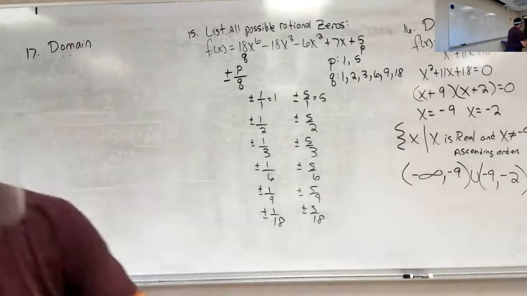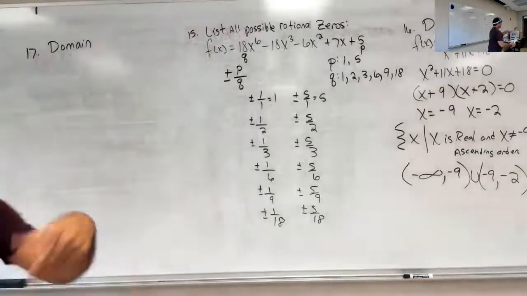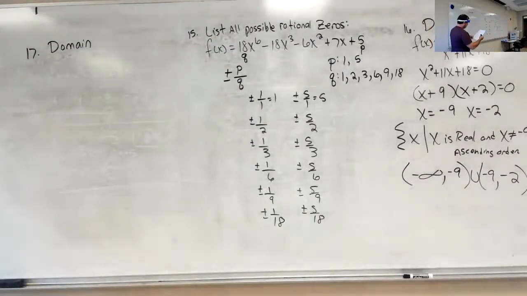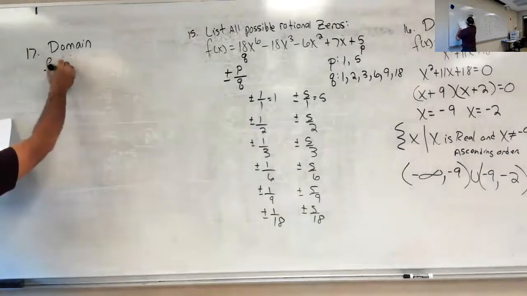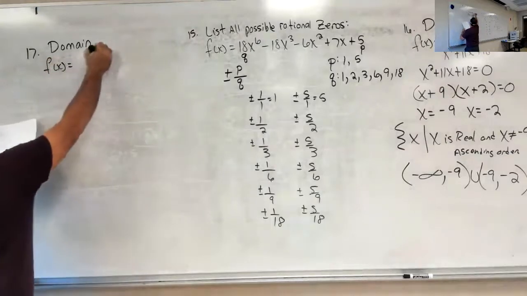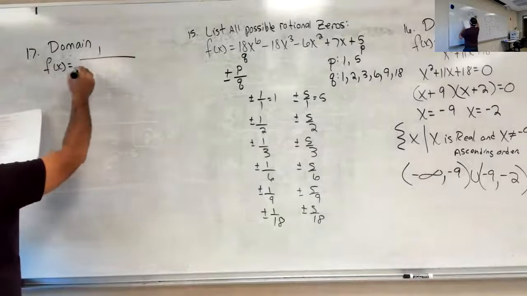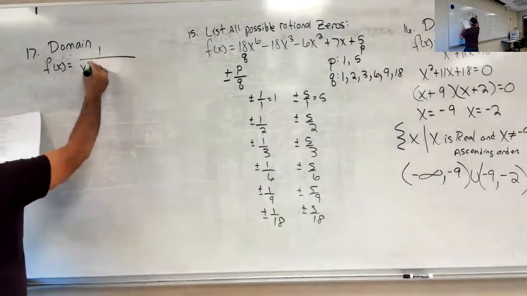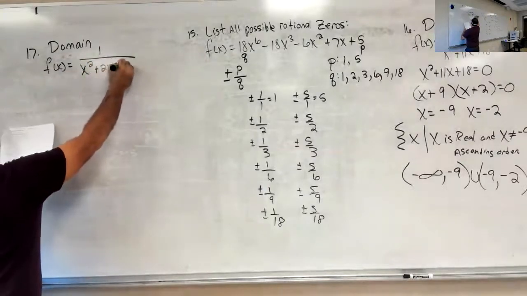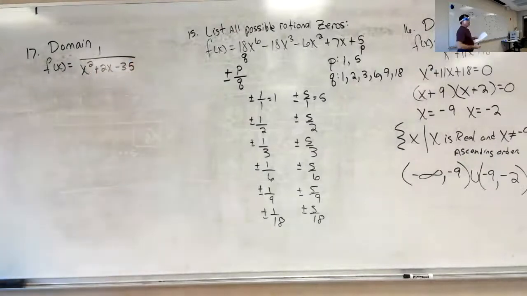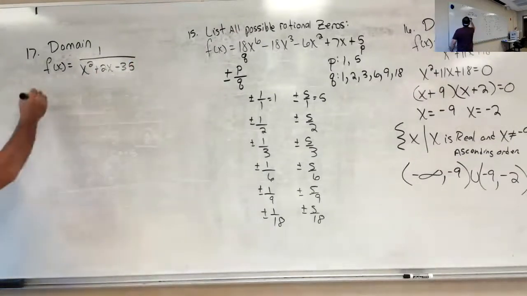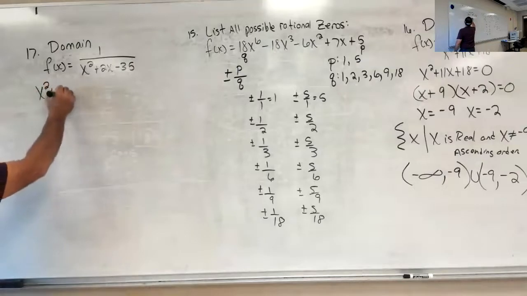Domain also. So the last part of this, I'll get y'all through pretty quick, I think. So 17 is a domain again. f of x equals 1 over x squared plus 2x minus 35. So we know we're going to set that equal to 0.